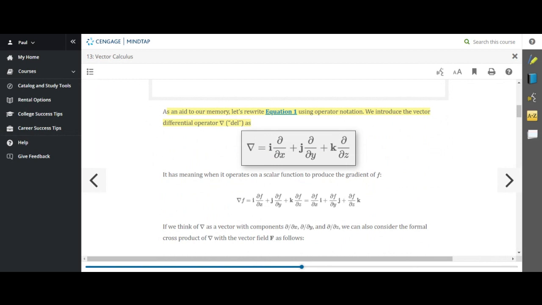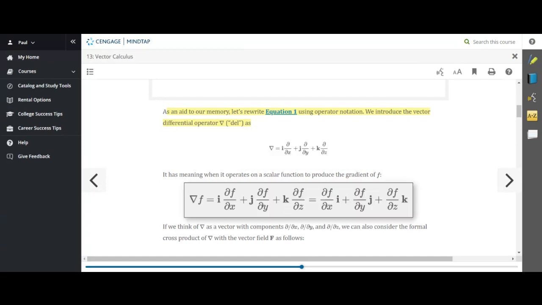It's an operator because you don't have a P in there, but it's going to operate on whatever you put in there. And the same with those other partials. They're going to operate on whatever functions you put in there. That's called an operator. The operator has meaning when it operates on a function to produce a gradient.